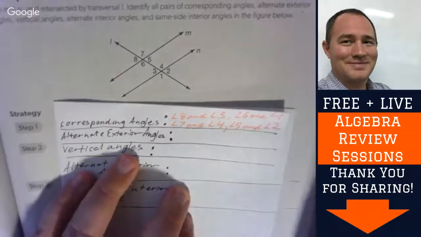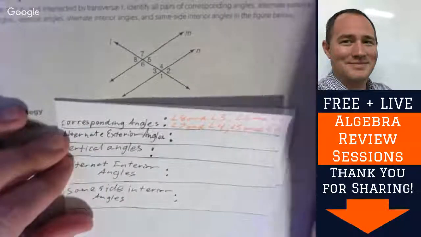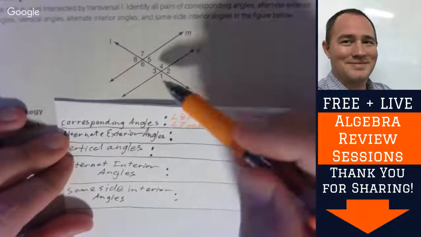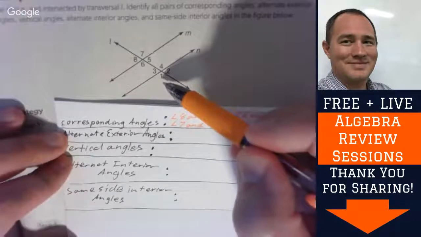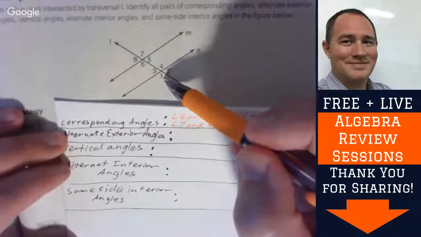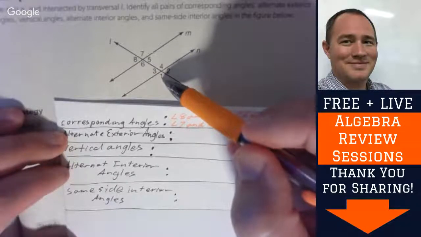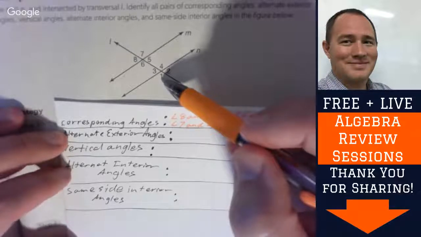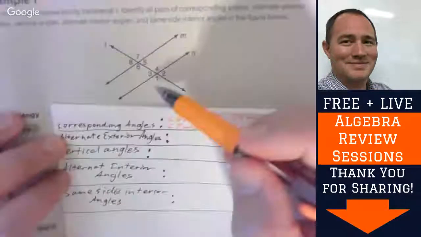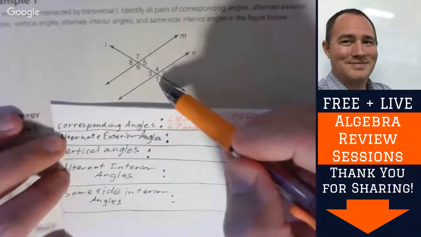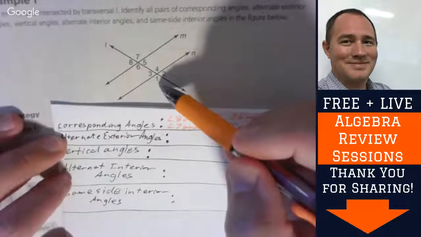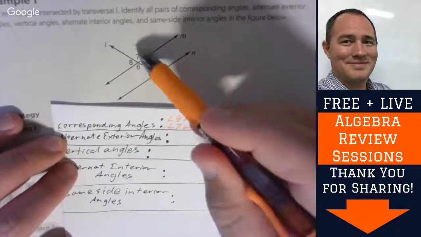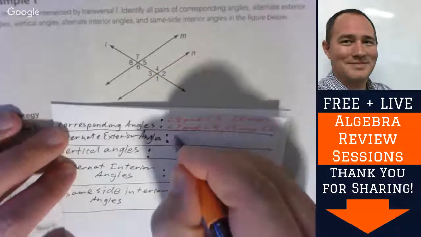How about alternate exterior angles? If we were looking at 1, where would this angle's buddy be? Alternate exterior angles are angles that are on the outside of the parallel lines, and they're going to be on opposite sides of the transversal. So angle 1 would have a buddy with angle 7.